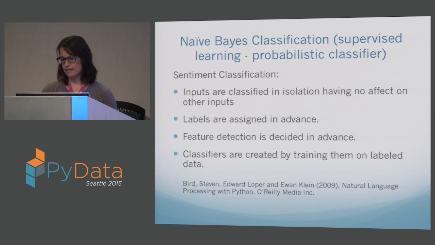Feature detection is decided in advance, and that's one of the most important ways to increase the accuracy of your model. A lot of times it's just narrowed down by trial and error, trying to identify features that result in a classifier with higher accuracy. You can do this with n-grams, so unigrams, bigrams, and trigrams, stemming, stop words. I found that unigrams performed really well.